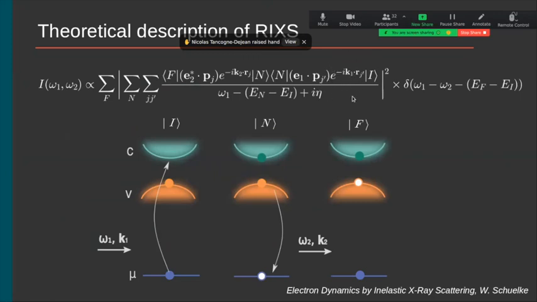So we don't consider the momentum of either the incoming or the outgoing photon. Everything is treated in the dipole approximation. Okay. Perfect. Thanks.